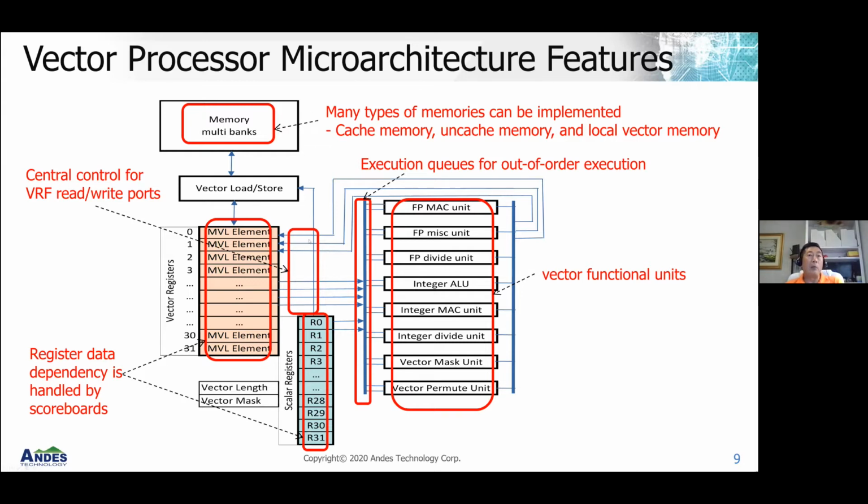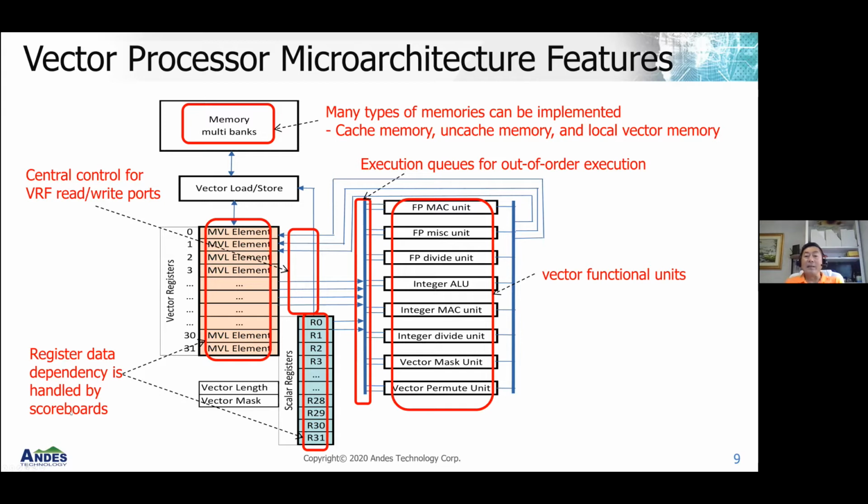For all the read and write ports to the register file, it's actually a centralized control for all the read and write ports. And for the register file, data dependency is handled by the scoreboard.